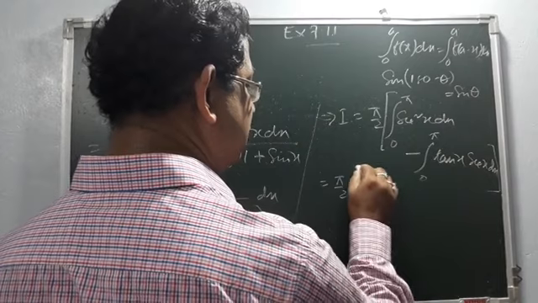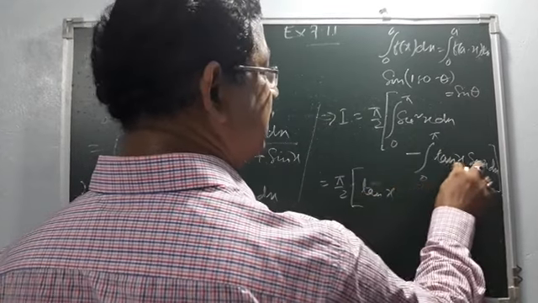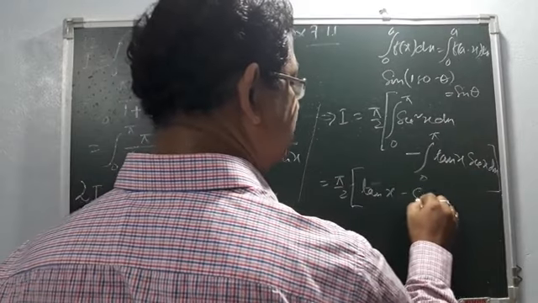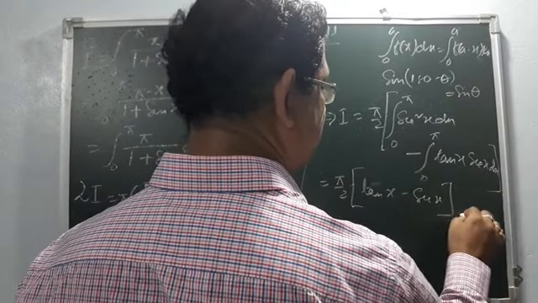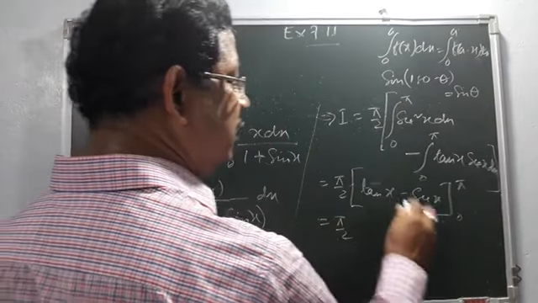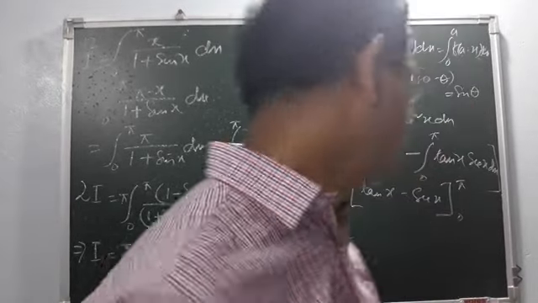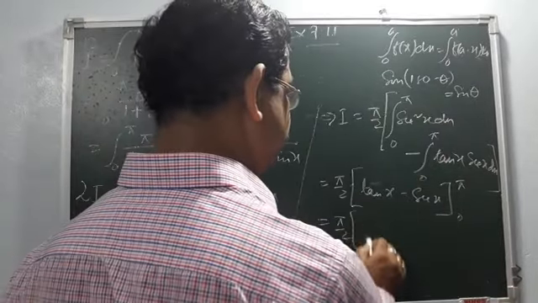The integral of sec squared is tan x, and the integral of this one is sec x, from 0 to 180. Tan 0 is 0 and tan 180 is also 0, so this part is 0.